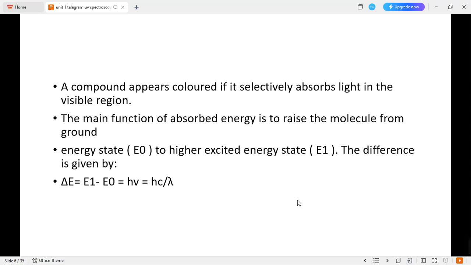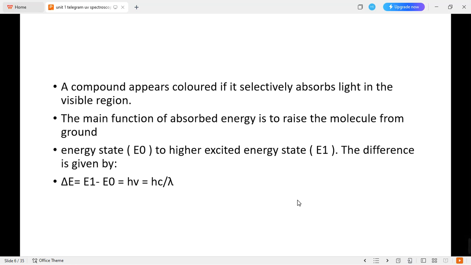And a compound appears colored in the analysis if it selectively absorbs in this visible region. If a compound absorbs radiation which ranges from 400 to 800 nanometers, it produces color. If no color is produced, it means it comes under the UV region.